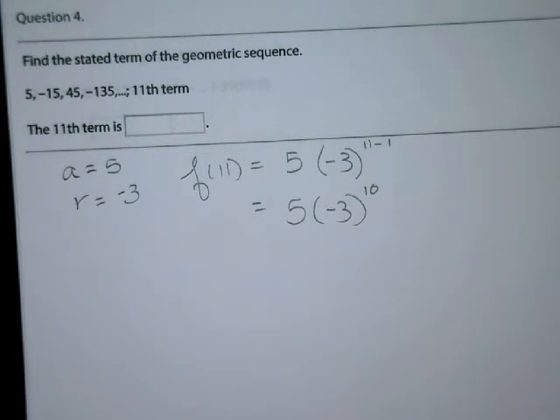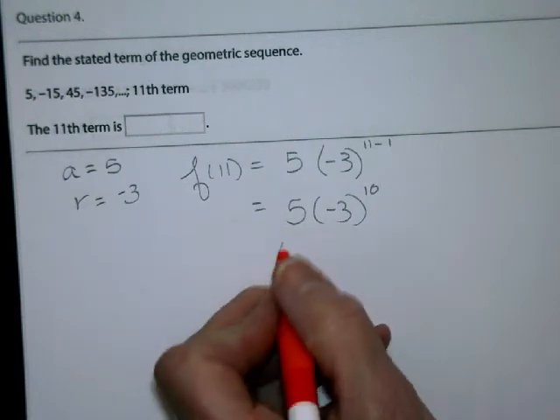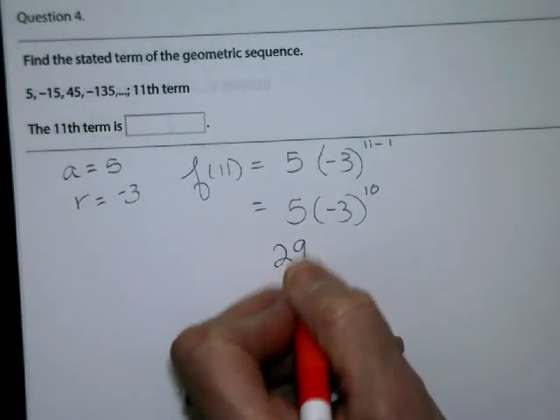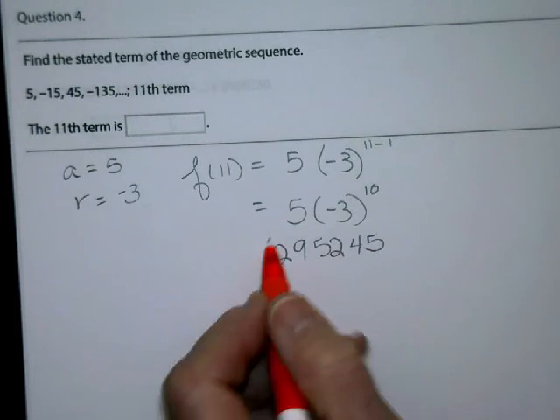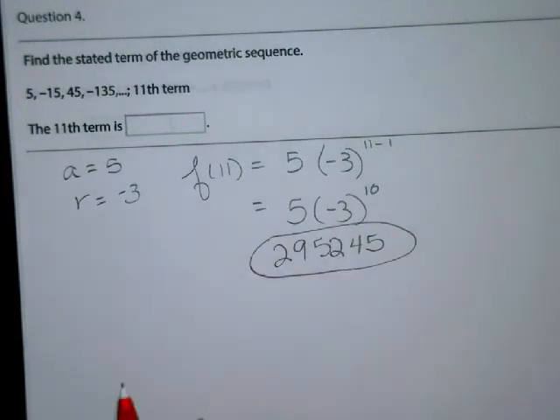Put that in. Parenthesis, negative 3, parenthesis to the 10th power. Okay, so we have 295,245.